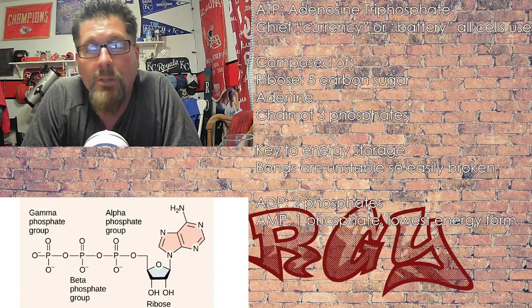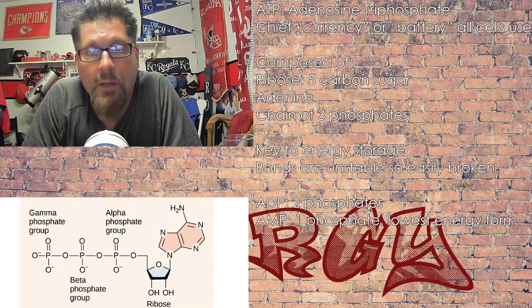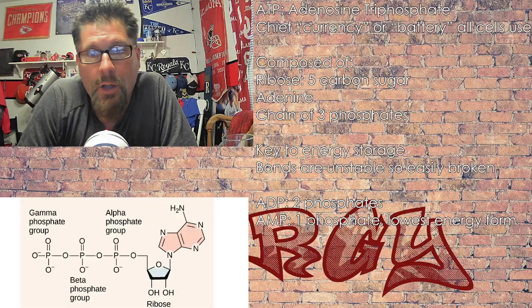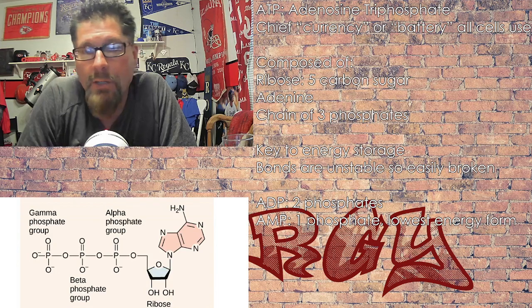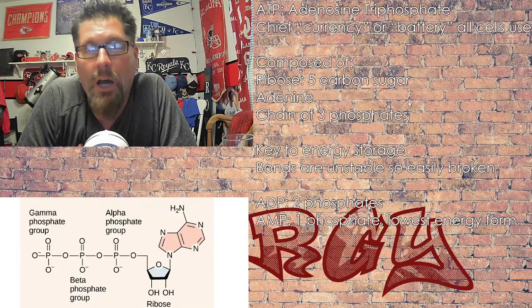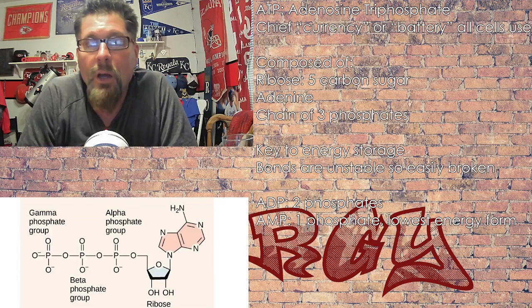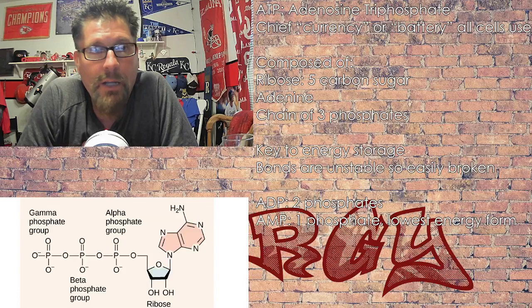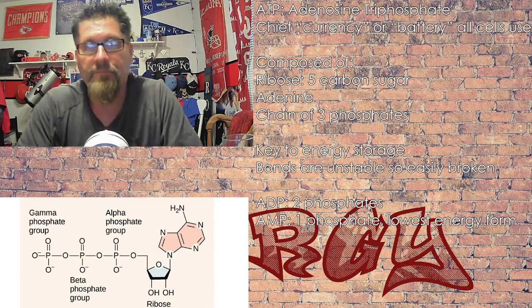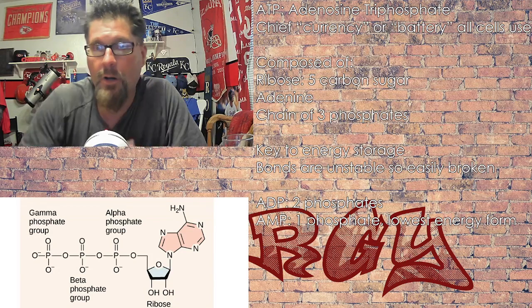But when we think about creating energy for the cell, it's that bond between the second and the third phosphate that gets broken. Now we can see that O in between the two P's on the far left of that diagram, and we've talked plenty of times in the past, when you see an oxygen holding two molecules together, being that connecting element, man, that just should scream at you that dehydration synthesis has occurred.